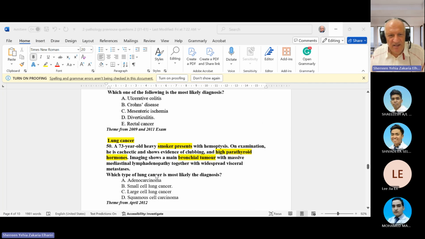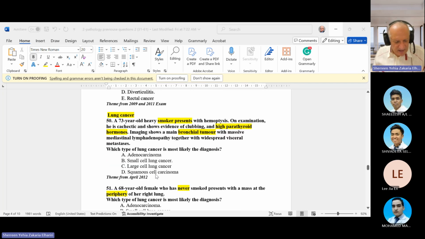After that, we have lung cancers. Lung cancer is somewhat tricky, but we have general rules. First rule, if the patient has lung cancer and is a chronic smoker, it is straightforward: squamous cell carcinoma. If the patient has lung cancer and is a non-smoker, it is adenocarcinoma.